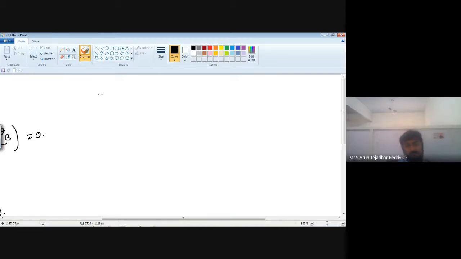First of all, draw the given diagram. A, B, C. One load is 10 kilonewton per meter, the other is 30 kilonewton, and here it is 1 meter, here it is 2 meter.